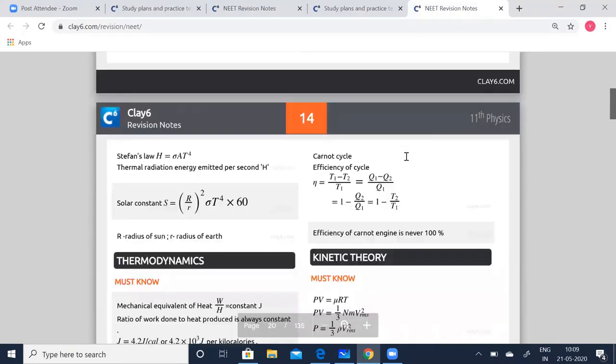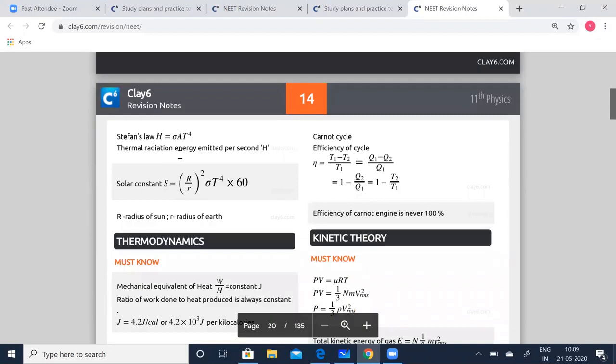Stefan's law: H is equal to sigma A T to the power of 4, where sigma is the Stefan's constant, A is the area of cross section, and T is the temperature. Thermal radiation energy emitted per second is denoted by the letter H here. Okay?